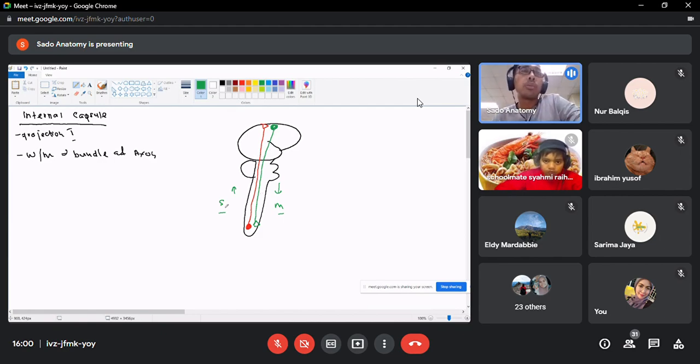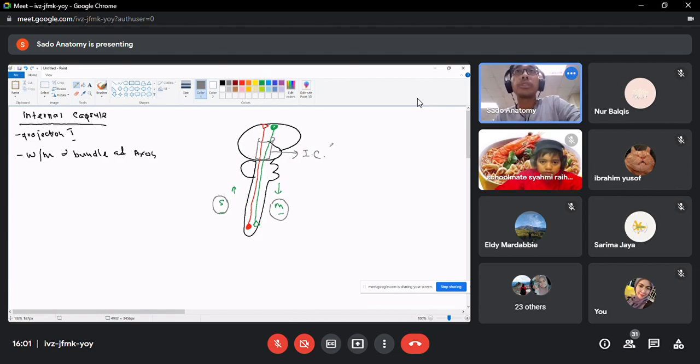So when this pathway, when this tract passes through this region inside your cerebrum, not your brain, actually your cerebrum, this bundle of axons, which consists of sensory and also motor axons, ini yang kita panggil sebagai internal capsule.